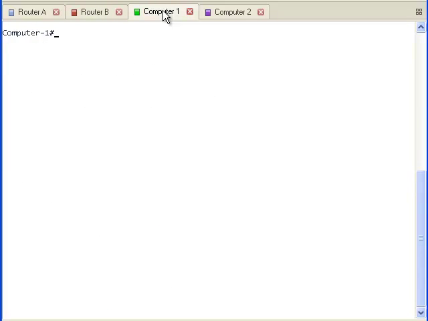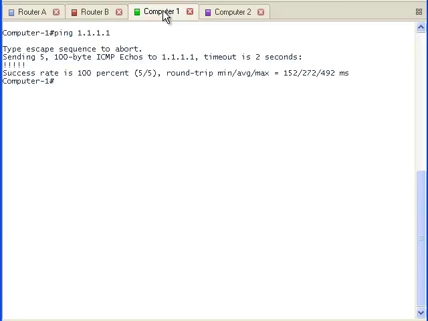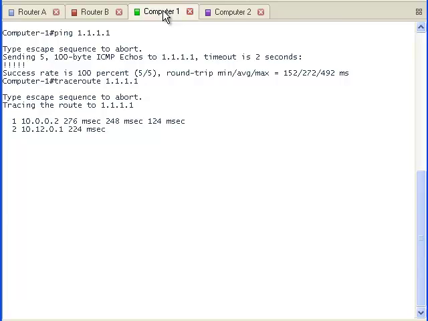Now let's take a look at the terminal window of computer 1. When we ping 10.1.1.1, we see that it's successful. And if we run a trace route, we can see that it is using router A to connect to the internet.